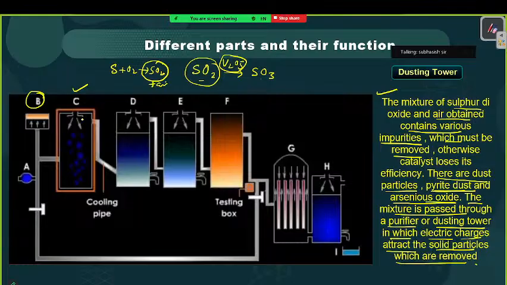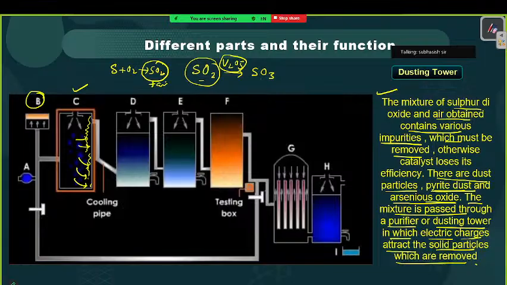Here some electrical plates are arranged, and the electrical plates attract the dust particles to remove them from the sulfur dioxide. And dusting tower is very useful, not only because it can remove the dust. Unless you remove the dust particles, those dust particles act as catalyst poison.